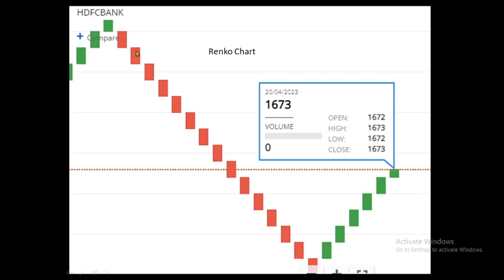The drawback here is that if HDFC Bank drops 2 points plus 2 points, 4 points, and again it gains 4 points, then these two bricks will vanish. So it is a little tough to trade on this, because if you take a trade based on the chart pattern here, and all of a sudden HDFC Bank makes 4 points, then these two candles will vanish and we can see only this candle. So this is a little tough.